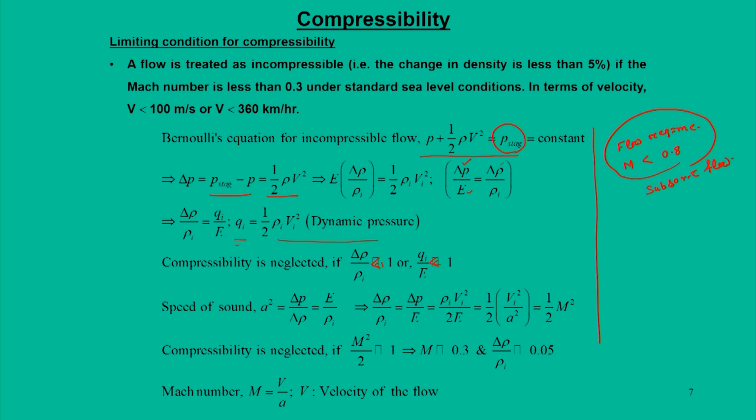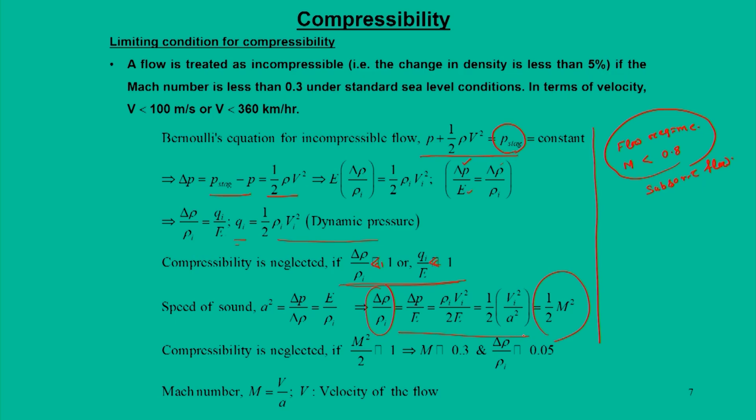This is how we talk in terms of density change. But again we have to see how this density change is related to Mach number. So we revisit the expression for speed of sound, a square, which we can express in terms of E and rho, and the density change can now be related in terms of Mach number.